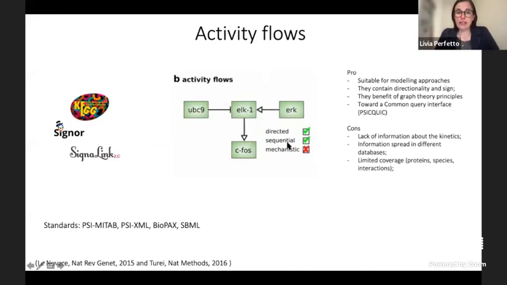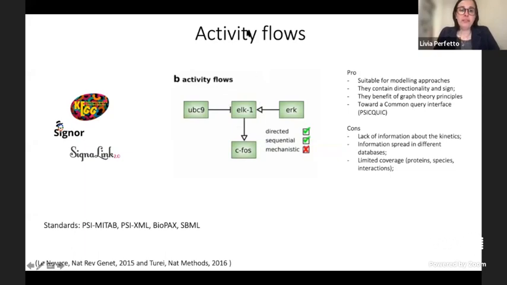These activity flow networks, which are very similar in structure to protein interaction networks, are very suitable for modeling approaches, so they can be turned into Boolean models. They have more information because they also provide information about how the flux of information is propagated through the cell, and they can also benefit from graph theory principles.